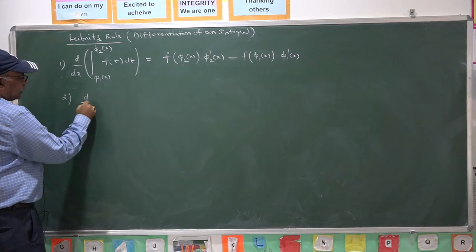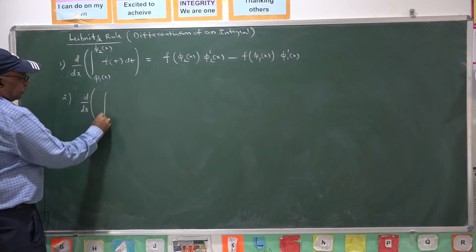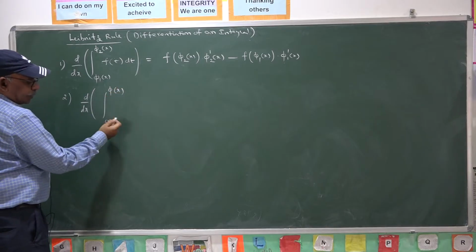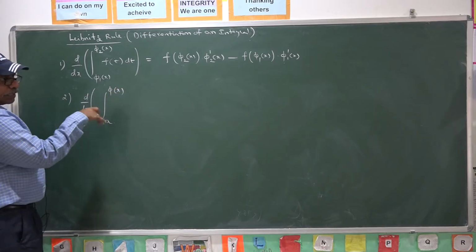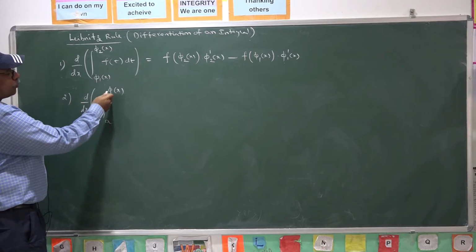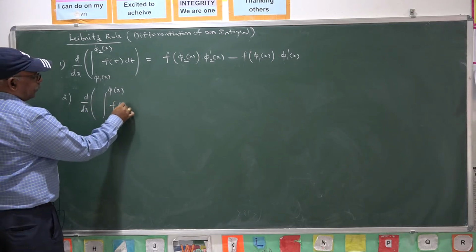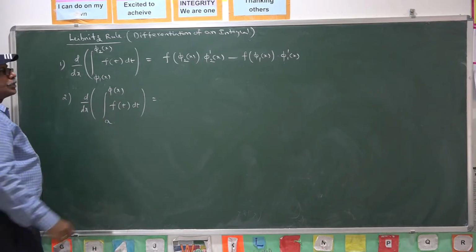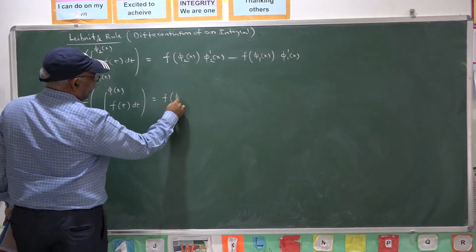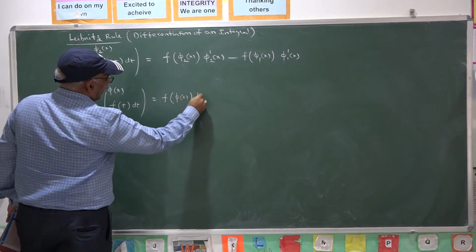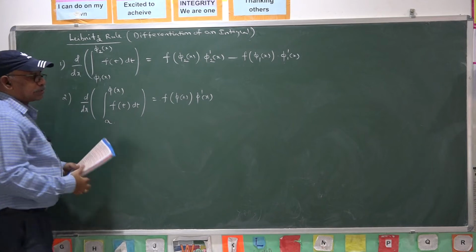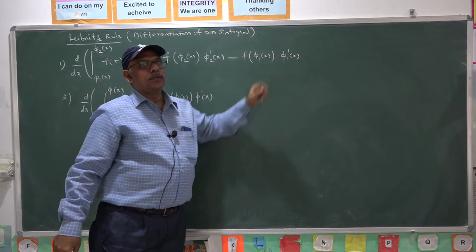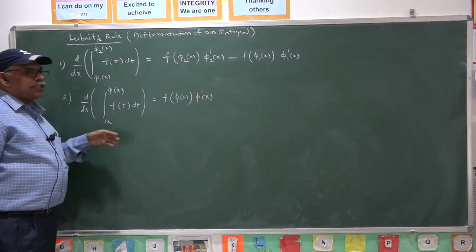Similarly, once the lower limit is 0 or a constant, suppose the integral is in the form integral from some constant a to phi x of f of t dt, the derivative of such an integral is nothing but f of phi x into phi dash x only, because the derivative of the lower limit constant is 0.